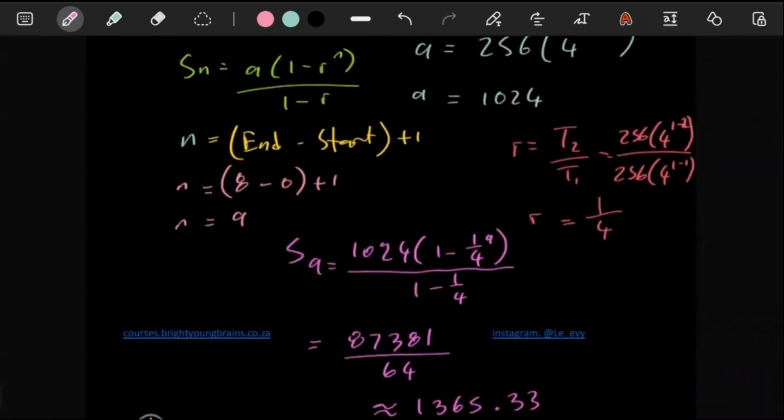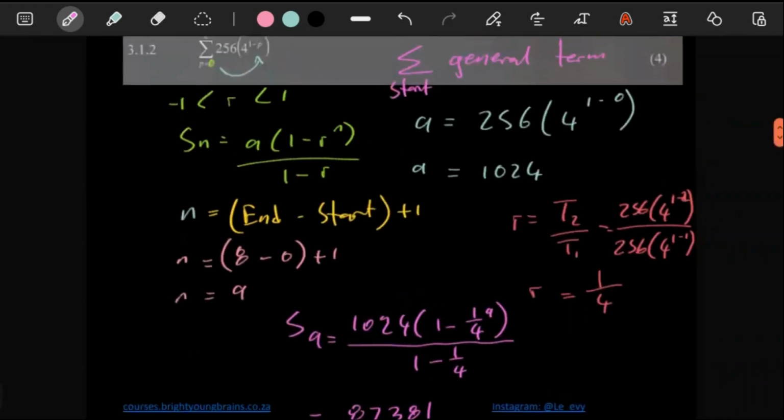But why? Why are you doing this? Let me just double check again. 1024, 1 minus a quarter, and then to the power of 9, and then 1 minus a quarter.